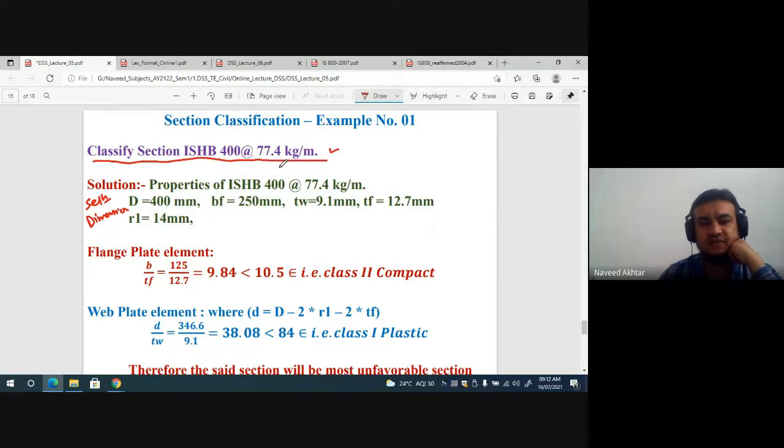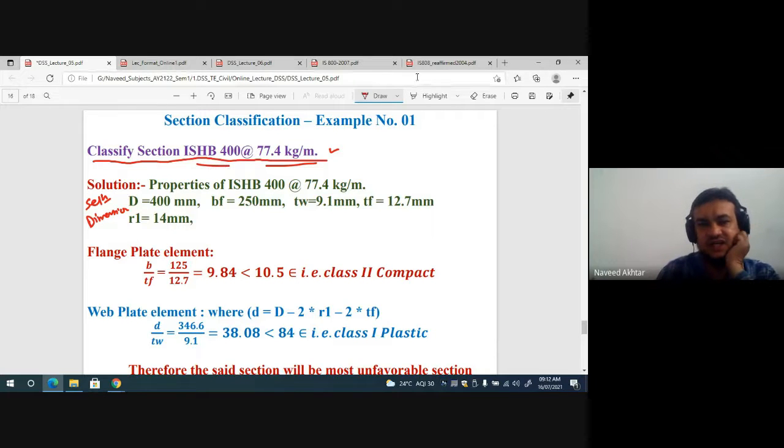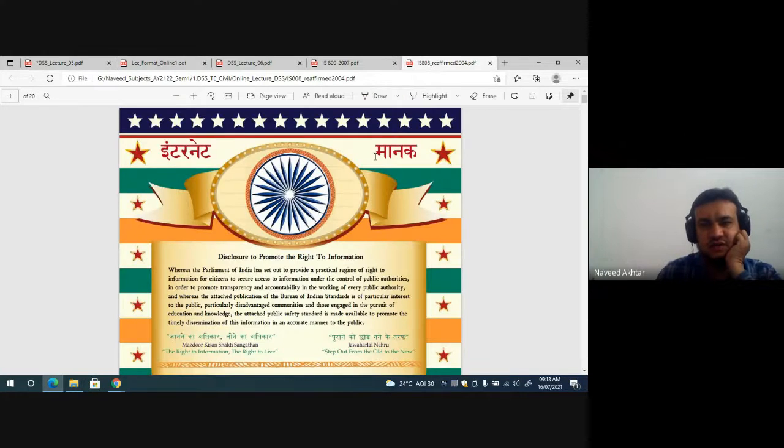It is denoted by the weight because for the same sectional size, depth may be the same while the thickness of the flange and web varies, and that's why the weight also varies. So that's why it is classified based on the weight also.